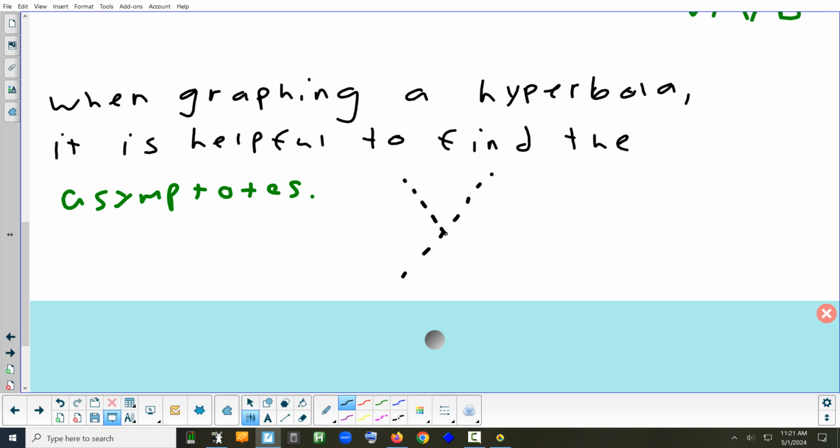So if your asymptotes look like this, and your branches were opening up and down, well, that's pretty much what your picture is going to look like. So what we'll usually do is find the vertices and find the asymptotes, and that's going to be all you need to make your sketch.